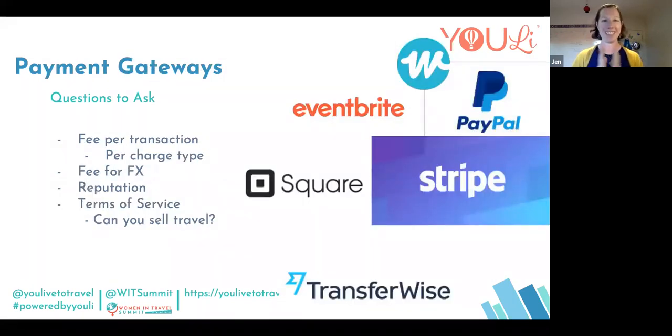Now, payment gateways. I love this topic because this space is changing constantly, so this slide will be out of date next month, I'm sure. Payment gateways are the way that you get paid online, usually via credit cards, although a lot of these also support WeChat-type payments and things like that as various countries implement new kinds of payment methods besides just credit cards.